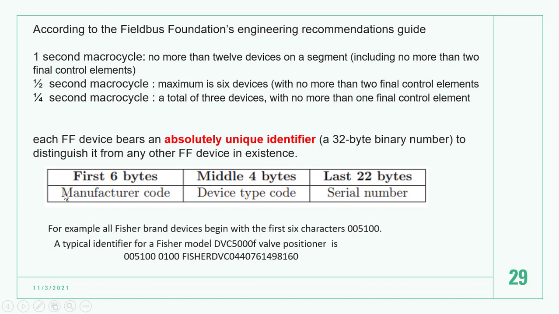The first byte is the manufacturer code. The middle 4 bytes are the device type code. The last 22 bytes are the serial number. For example, for all Fisher brand devices, the first 6 bytes are 00510. So a Fisher valve positioner's identifier is like this. Okay.